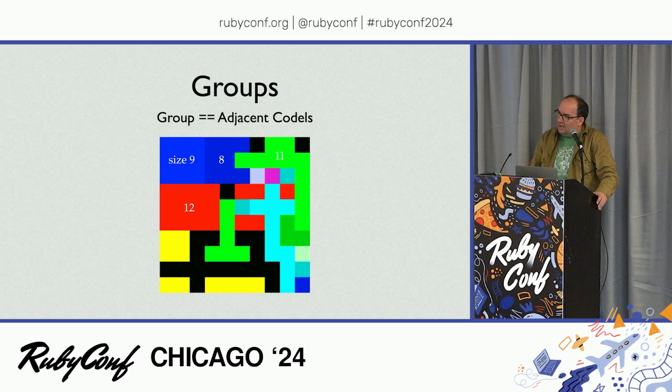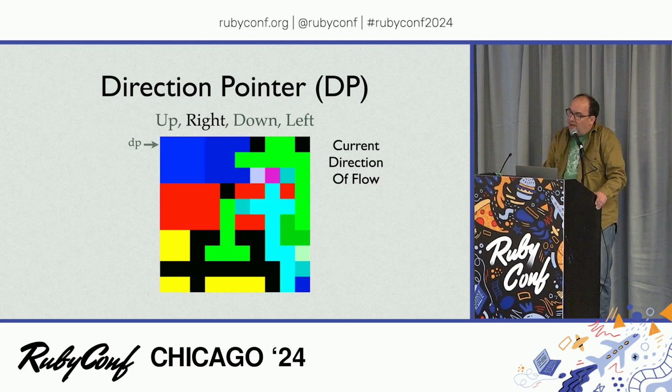Adjacent codals are made into groups. So in the upper left-hand corner, we have a 3 by 3 group. There's a direction pointer. This indicates the flow of the program as it moves through the image. All Piet programs start by executing in the upper left-hand corner of the image, and it is set to right initially.